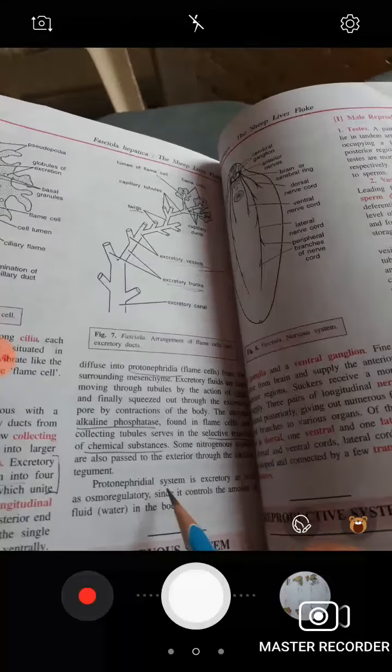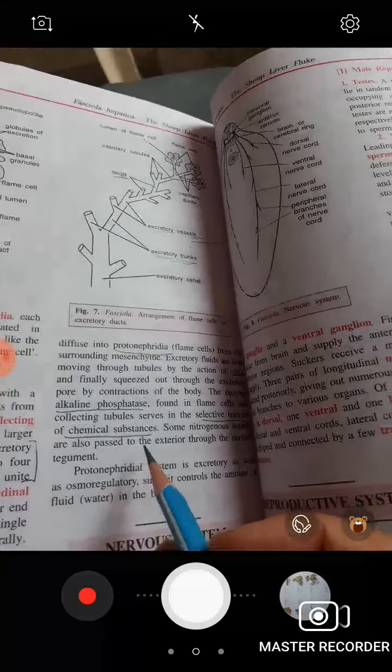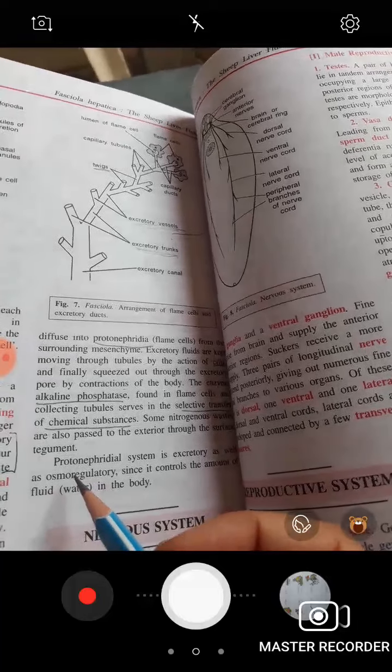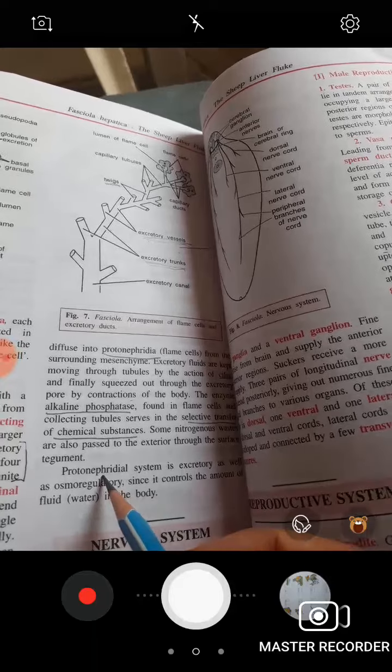Some nitrogenous waste is also passed through the general body surface of the Fasciola. So the protonephridial system is the excretory as well as osmoregulatory system that controls the amount of fluid in the body. Okay, so here the excretory system is completed.